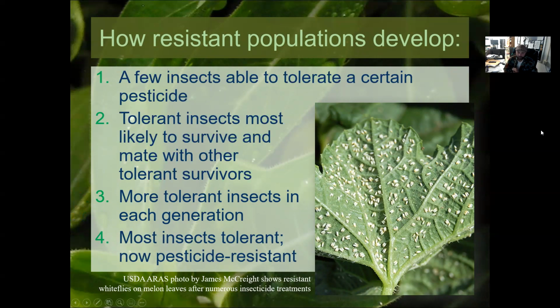So most insects are tolerant and now pesticide resistant. Make sure you're rotating your pesticides, because once they're tolerant to something, you can no longer use that pesticide. Switching it up will definitely help with not building that resistance.